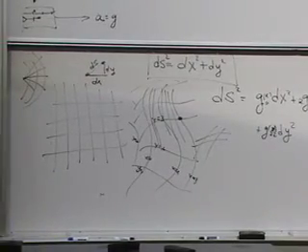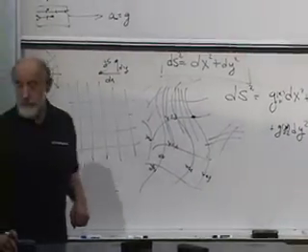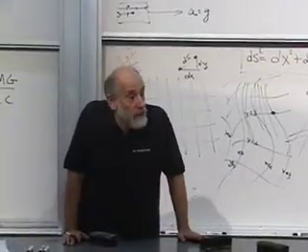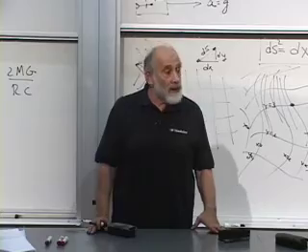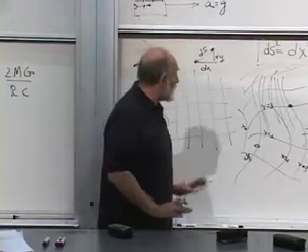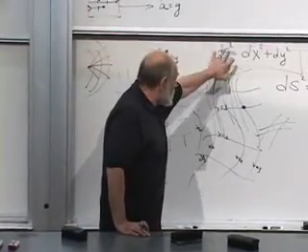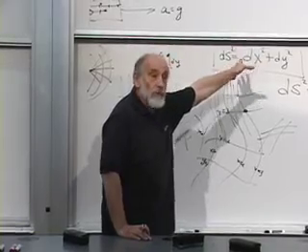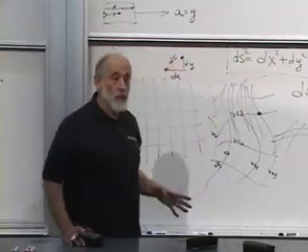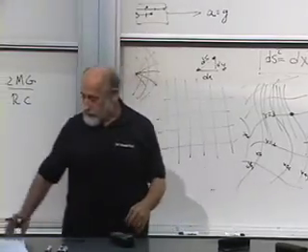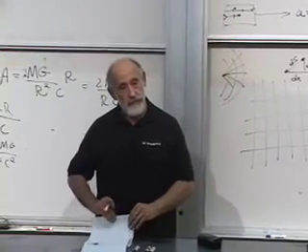You know an example of curved geometry? The surface of a sphere. On the surface of a sphere, you cannot choose coordinates which make the distance between points dx squared plus dy squared. It's always going to be more complicated than that no matter how you choose the coordinates. What about the surface of a cylinder?